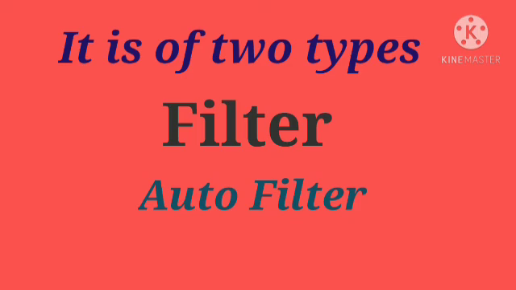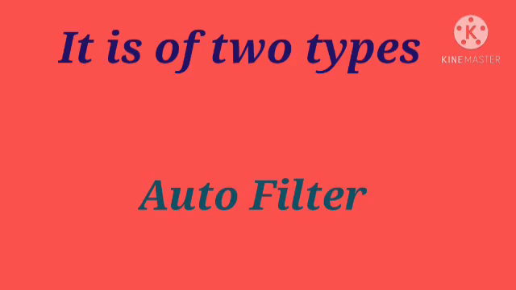And Advanced Filter helps the user to search a database on a set of conditions, meaning you can give the criteria, and as per your criteria the Advanced Filter works, and copy the result to a different location or a different worksheet.